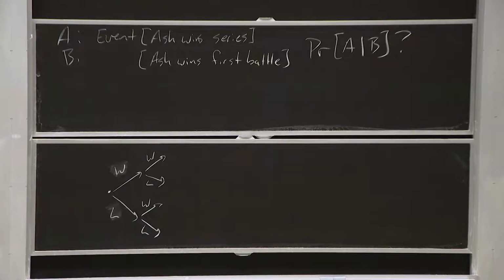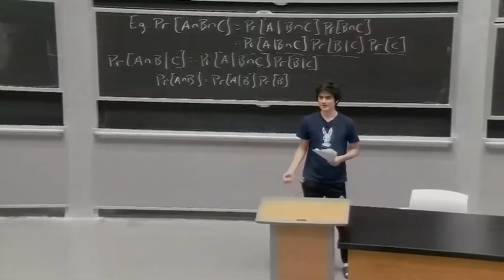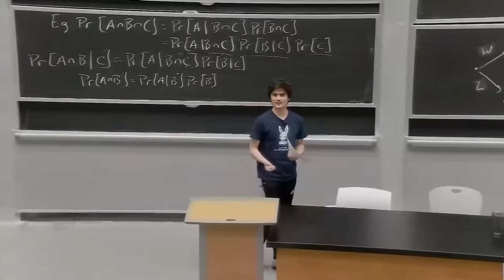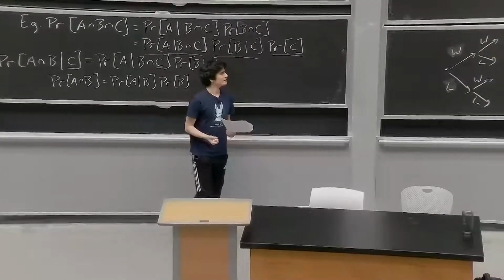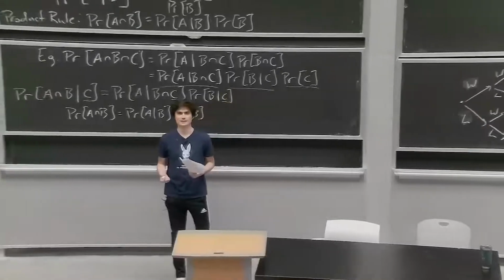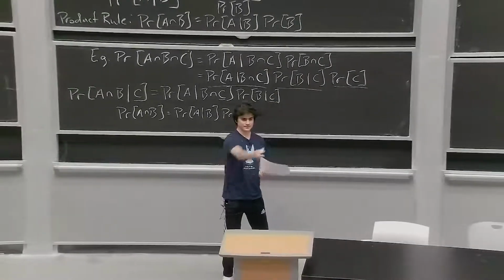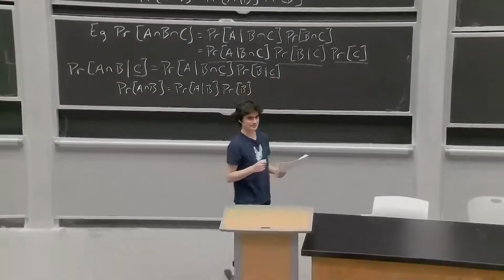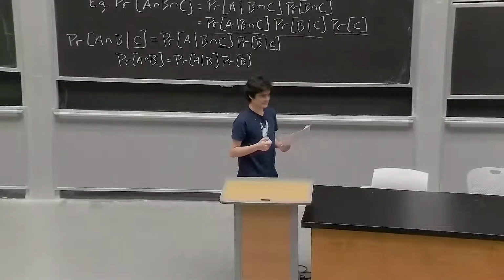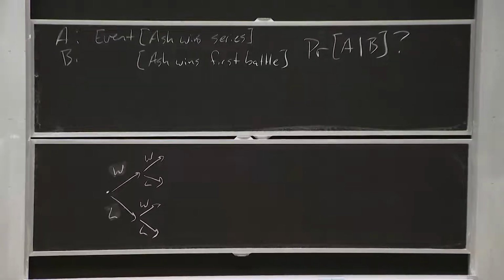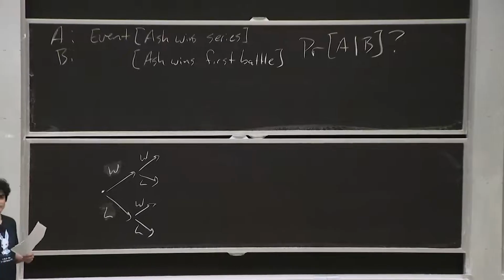Regardless of whether he wins or loses the first battle, he can still either win or lose the second one. Okay? Now, what's the third layer going to be? If he's 1-2, it's over. If he's 1-1, go again and split into two separate outcomes.